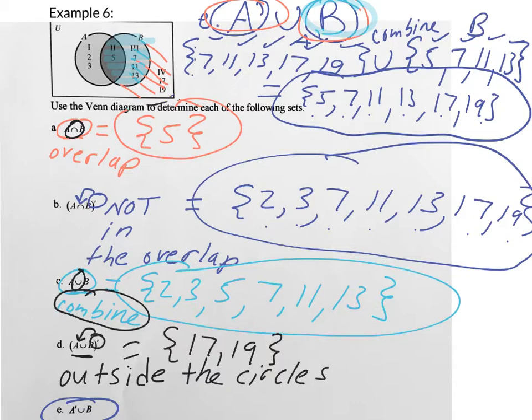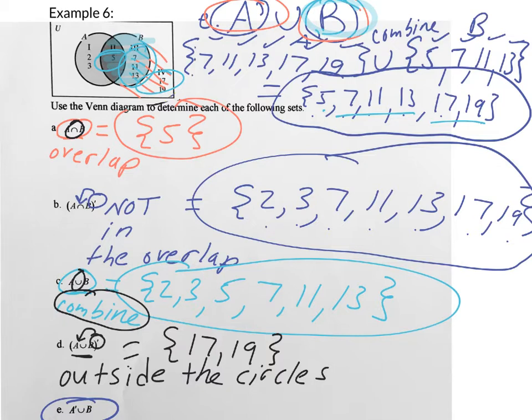So when I combine all the elements with either color, either the aqua or the red, or both, we see that we do have a 5, which was part of the final answer. We have 7, 11, 13, and we have 17, 19. So if you wanted to color code it, just think union, you're going to combine the 2 sets, so any element in either color is part of the final answer.